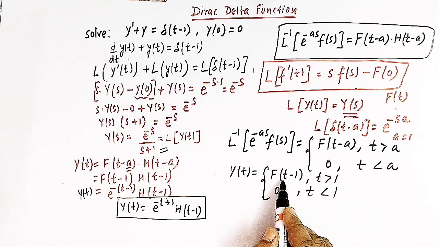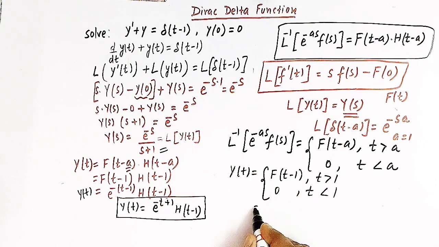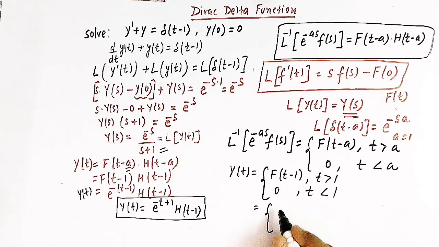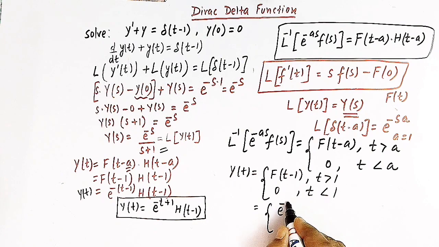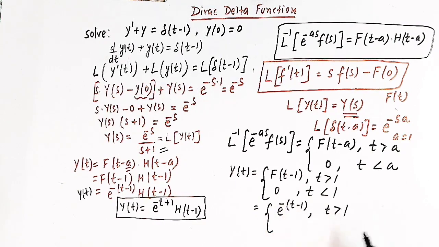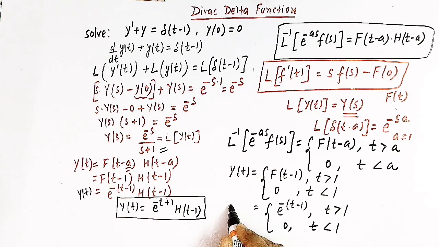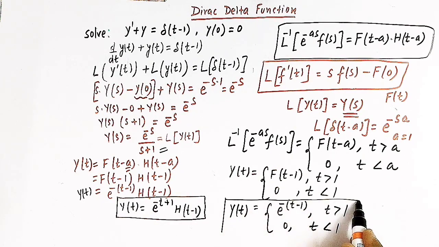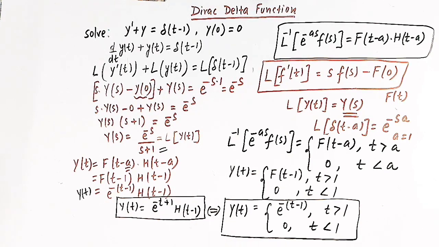And f of t minus 1 can be written as e raised to minus t minus 1 for t greater than 1, and here we have 0 for t less than 1, right? So both these forms, that is this form and this form, are equivalent.